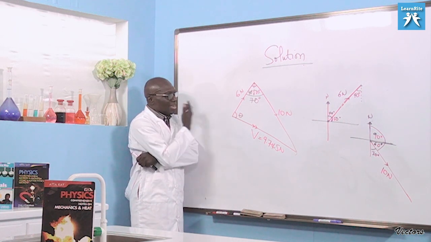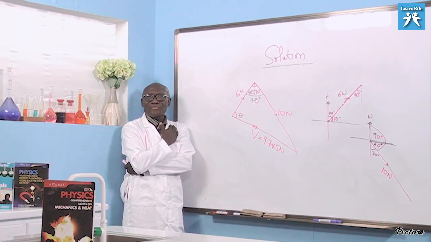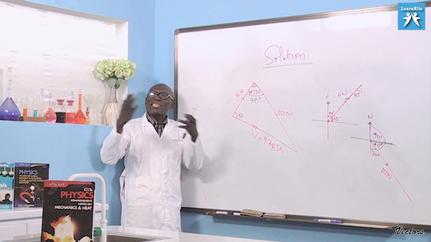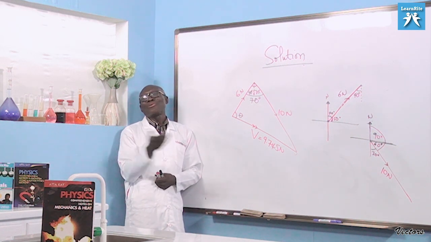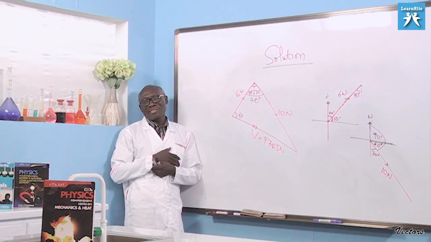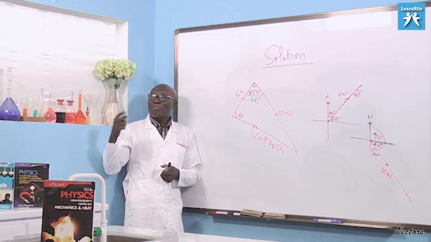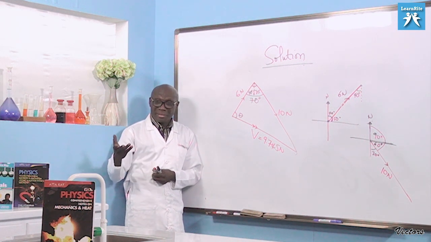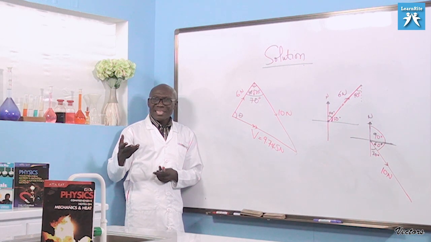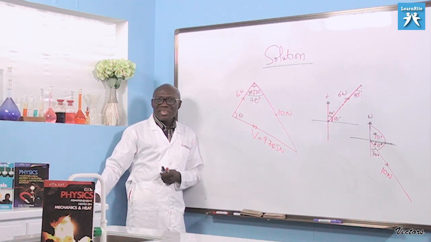We want this angle. So you ask yourself, of all the mathematical identities that we went through, which one will help you do this easily? And that calls for the sine rule.